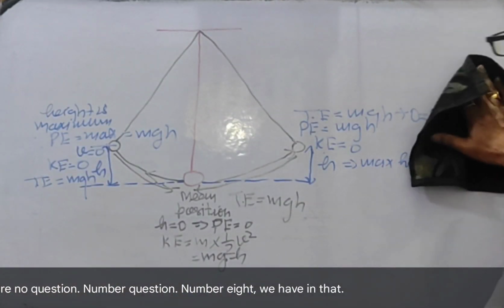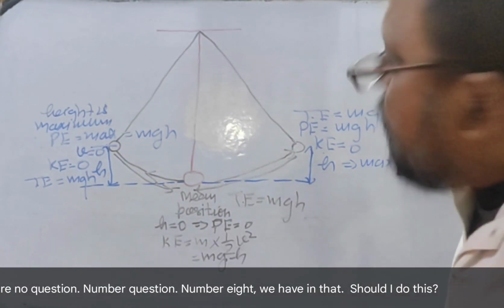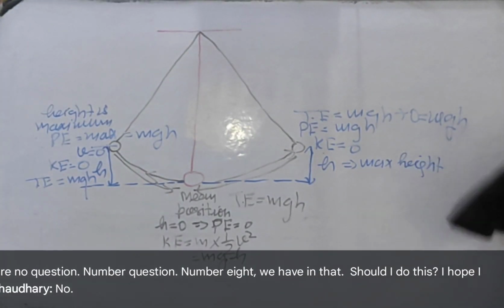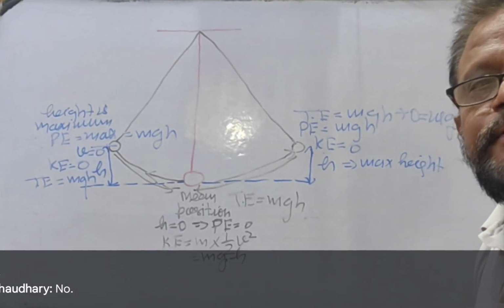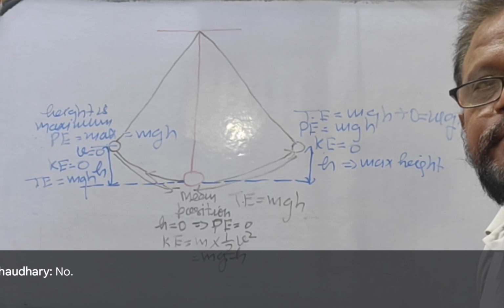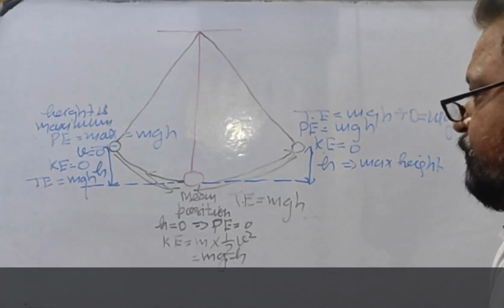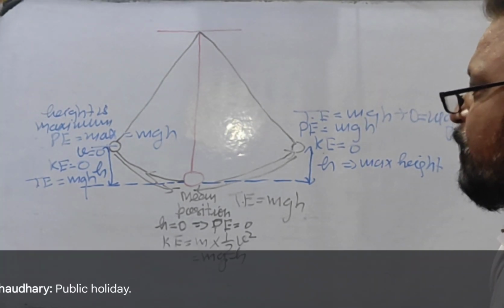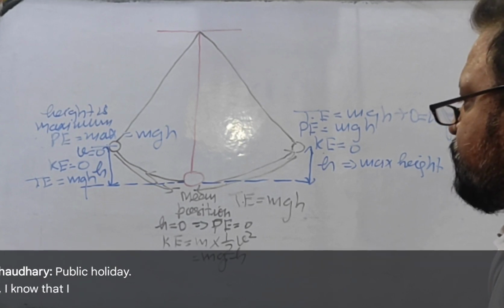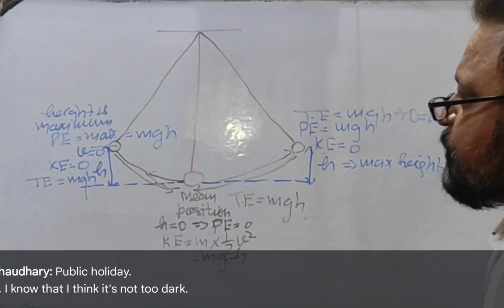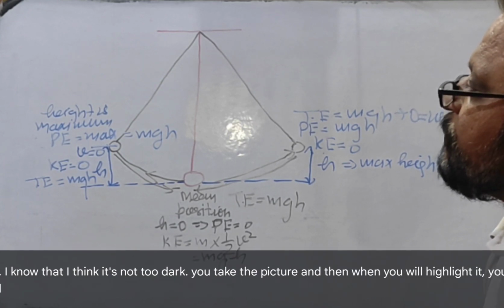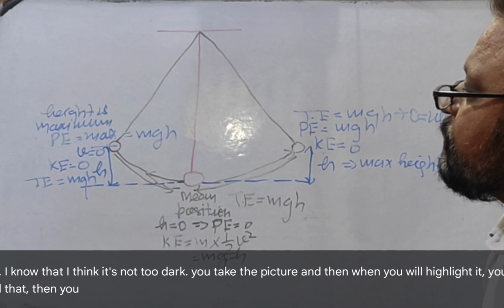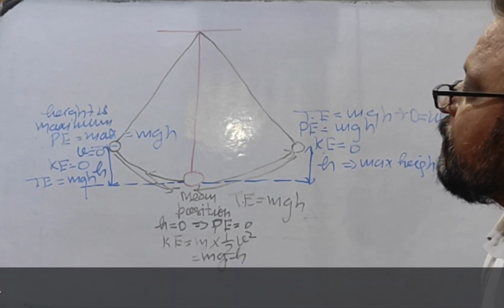Should I rub this? I hope I should. Ink is not too dark. You take the picture and then when you highlight it and expand that, then you will be able to understand. Done. Thank you.